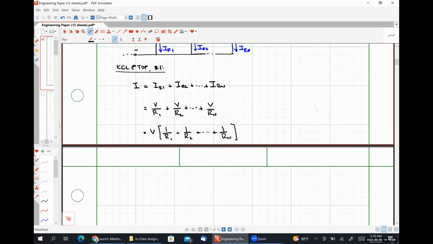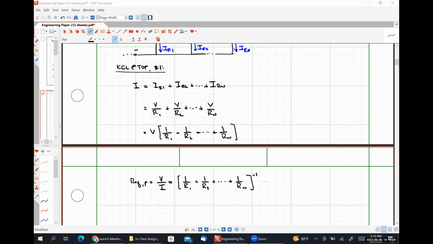And from here, I can define my equivalent resistance, REQ, comma P for parallel, as simply, once again, the ratio of V to I. So that's going to look like 1 over R1 plus 1 over R2 all the way out to 1 over R sub n, the reciprocal of that sum of reciprocals.